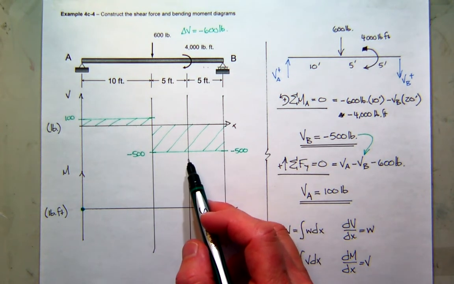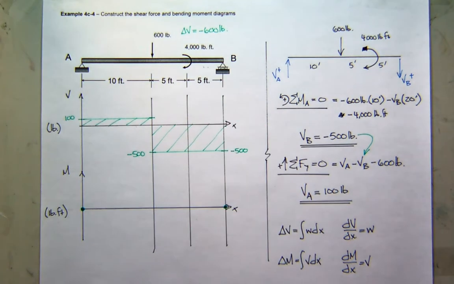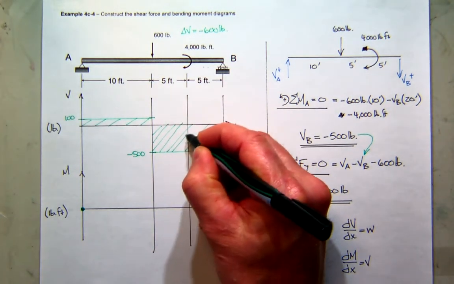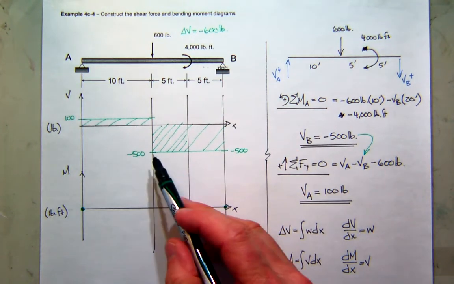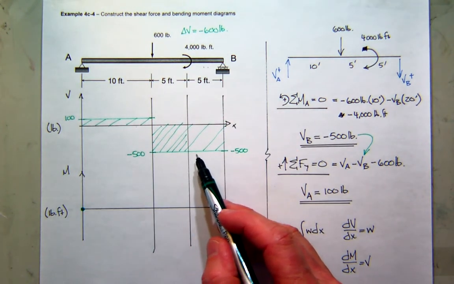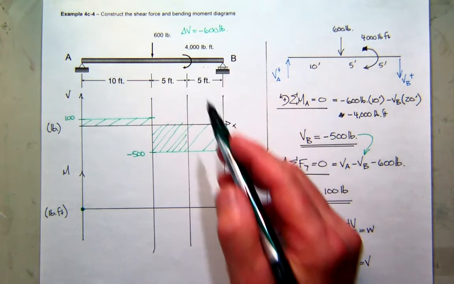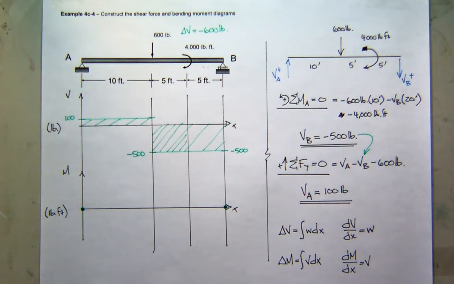But in addition to that, we've got this applied moment. So really, we're going to end up breaking our shear diagram up into 3 parts to deal with. And I'll just put more hatching in this one to show you. We're going to deal with this change and then this change. And as we go from left to right here at 15 feet, we'll have to handle that change in the moment, and then we'll come back and finish it off with this piece, this last 5 feet.